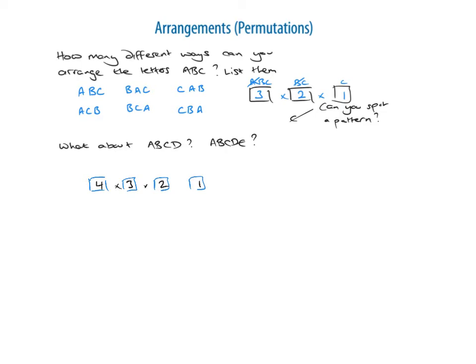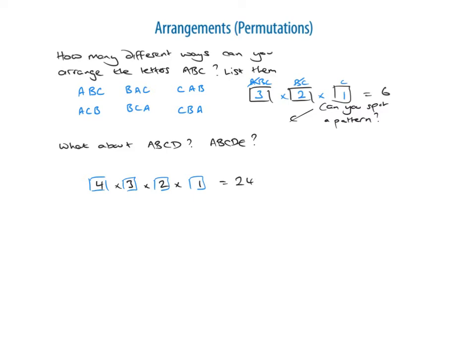So I end up with 4 times 3 times 2 times 1, which is 24, and remember the previous one was equal to 6. Again, if I wanted A, B, C, D, E, instead of 4 times 3 times 2 times 1, I'd have 5 times 4 times 3 times 2 times 1.